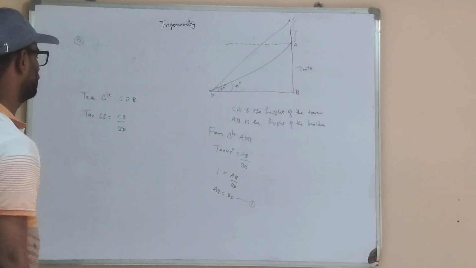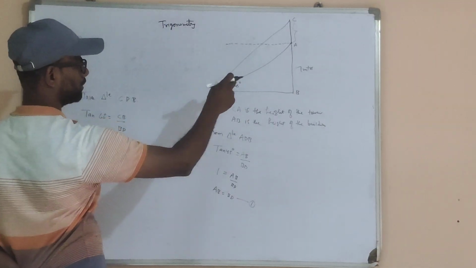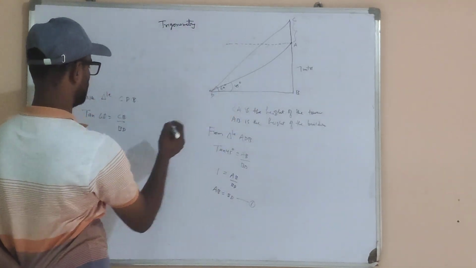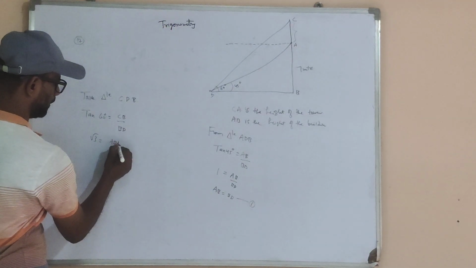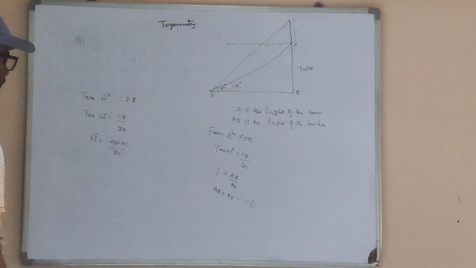Tan 60 means root 3 is equal to BC by BD. BC means AB plus AC. So root 3 is equal to AB plus AC by BD.